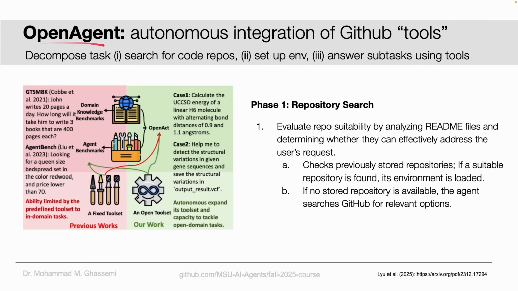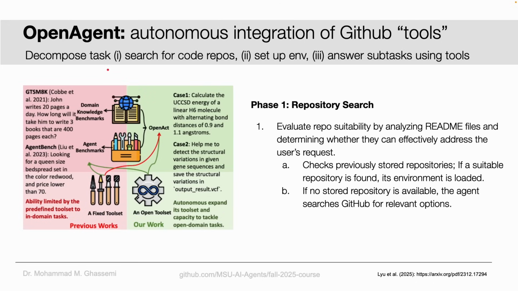And so OpenAgent came up with a very clever idea of doing autonomous integration of tools that are published on GitHub, so code bases on GitHub that can help solve problems. It does this by following a lot of what we saw in the design patterns that we covered earlier in the lecture.